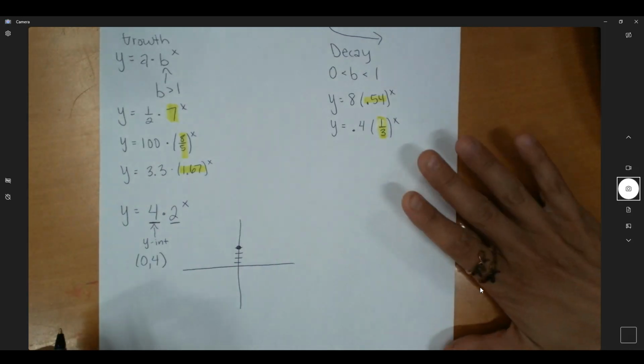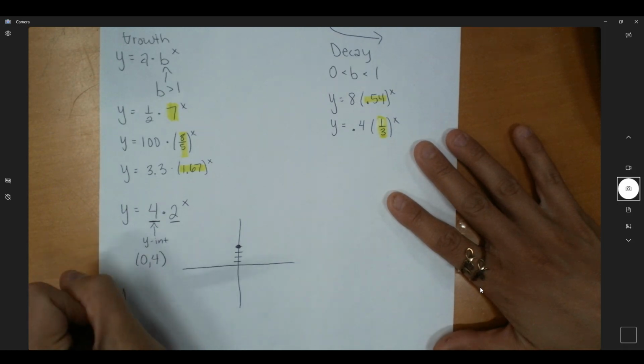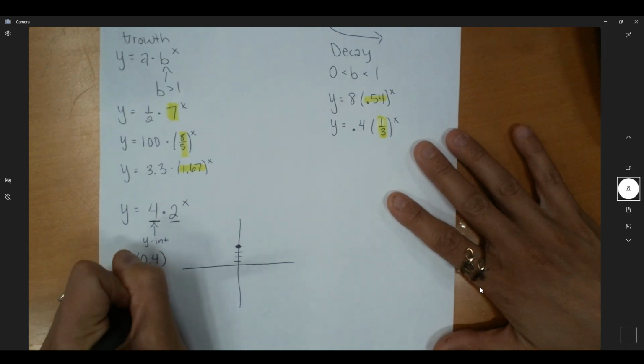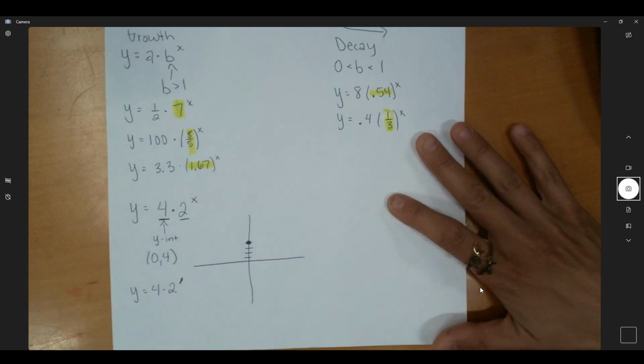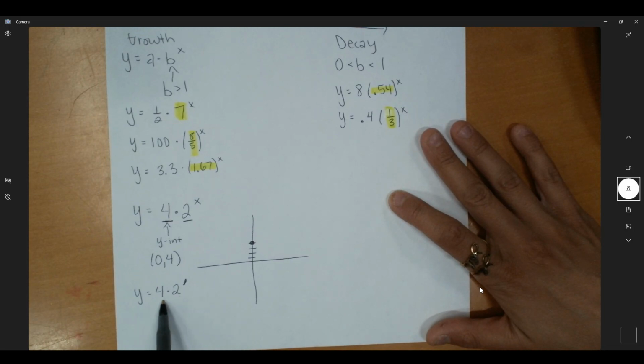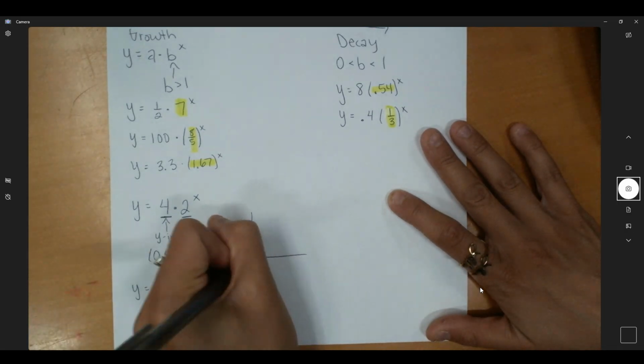So if you were to plug in 1, it would be y equals 4 times 2 to the 1 power. So that's 2. 4 times 2 is 8. So now you're going up extremely fast.